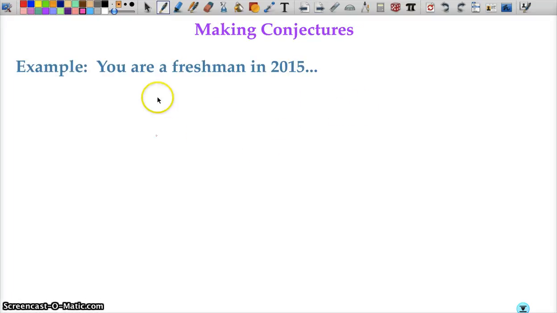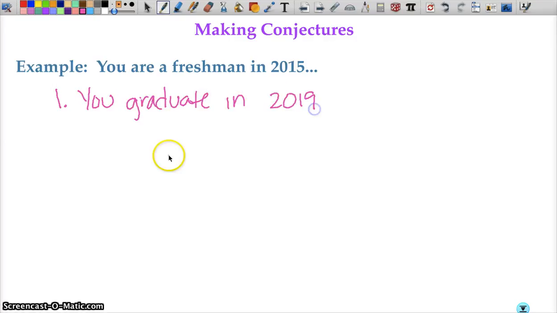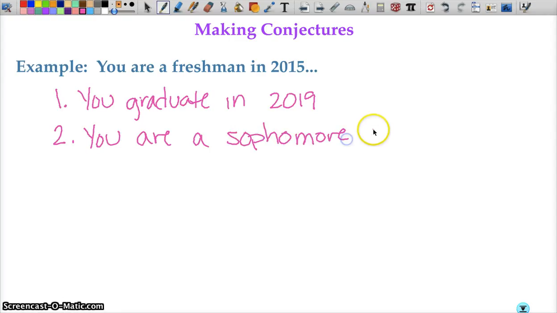So let's start with making conjectures. So here's an example. You're a freshman in 2015. So one conjecture could be that you graduate in 2019. Another conjecture could be you are a sophomore in 2016.